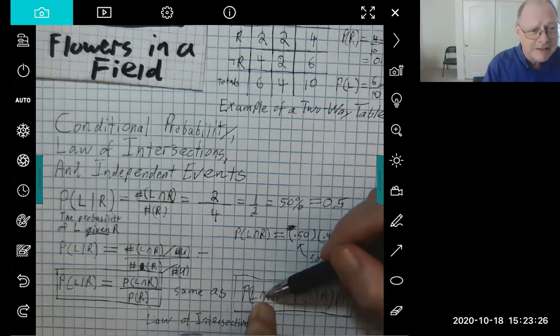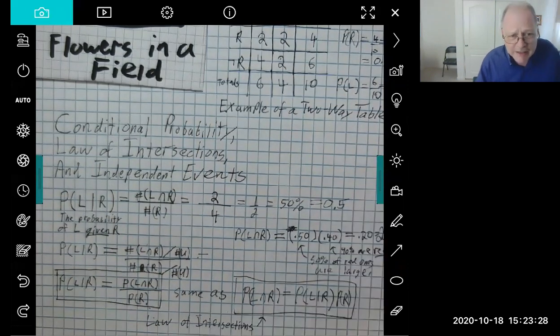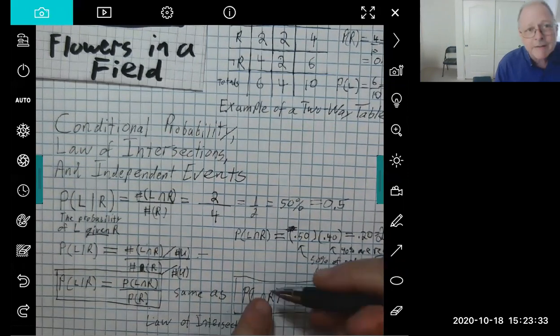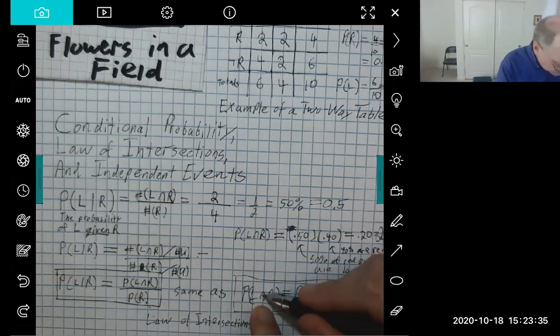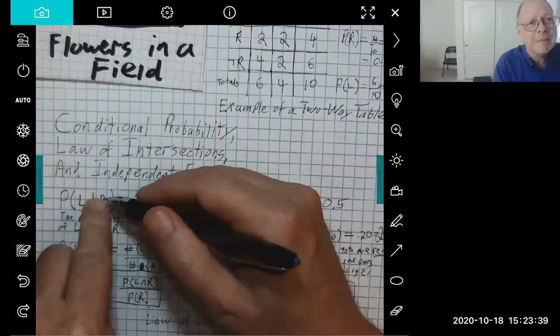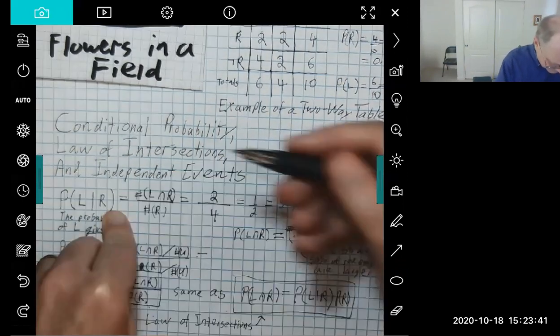It's two different things. This is that L and R both happen. That's the intersection. And this is that L happens if you're already given that R did happen.